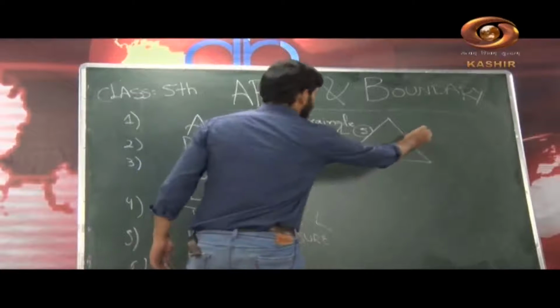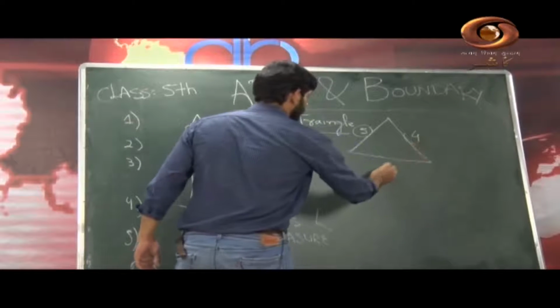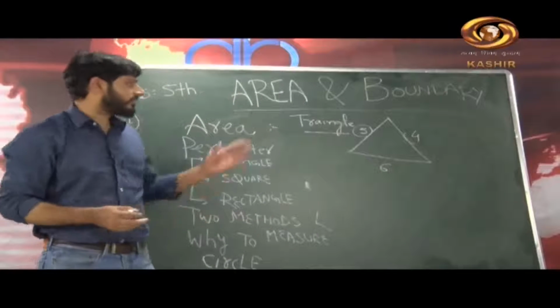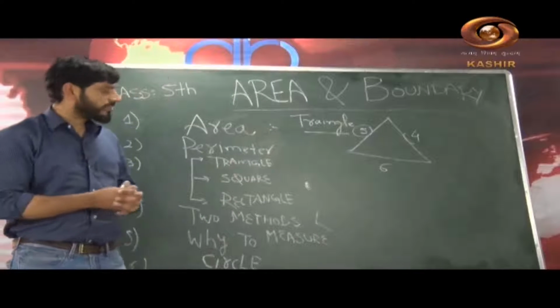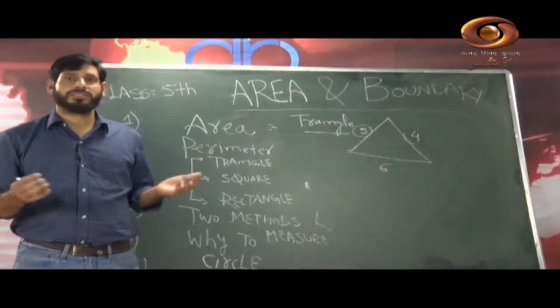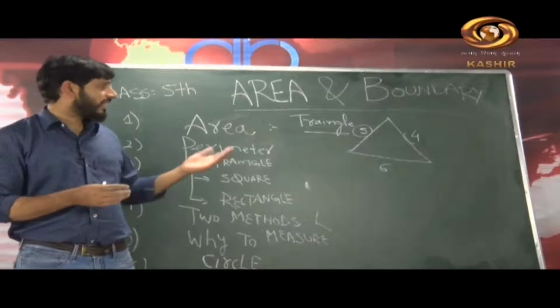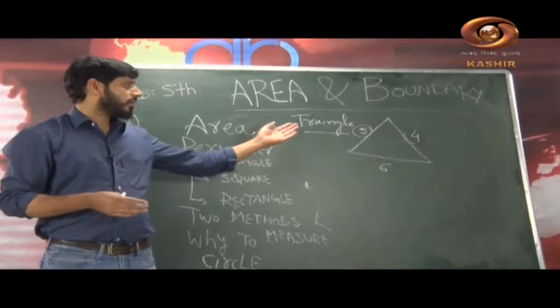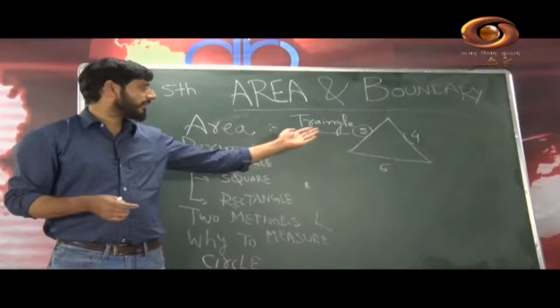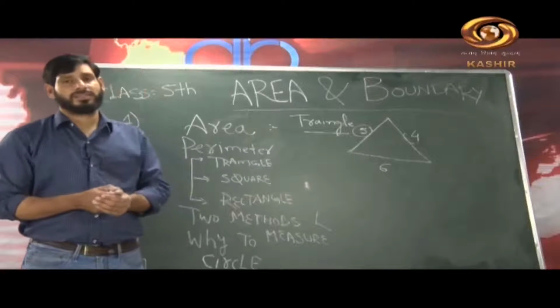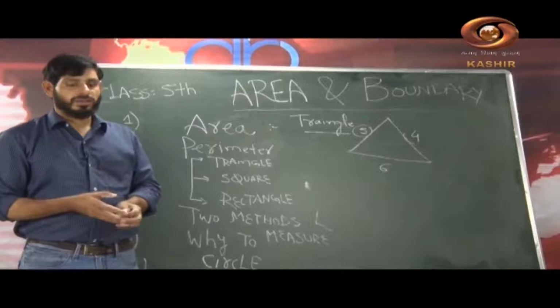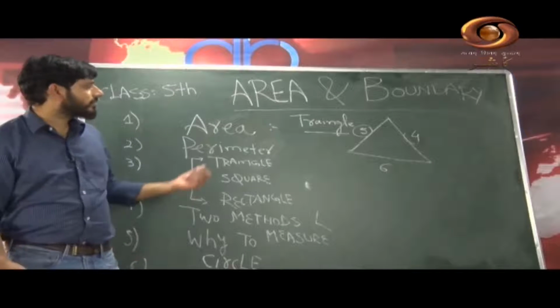So this will be say 4 and this will be say 6. So we can see that every side is different, that is one measures 5, other measures 4 and other measures 6. So this is a scalene triangle, and again the concept of perimeter remains the same, that is 5 plus 4 plus 6, that is 15, okay. So this was about the triangle.